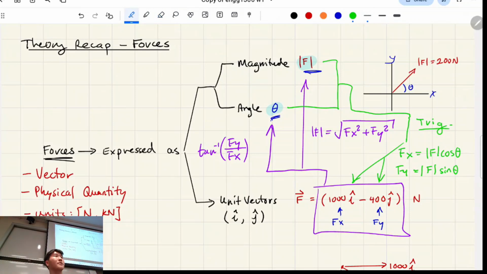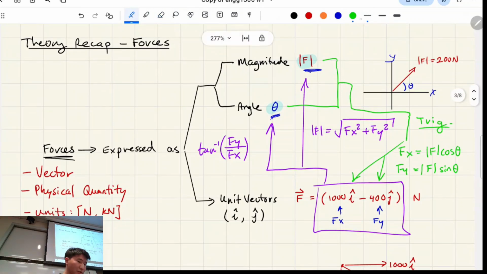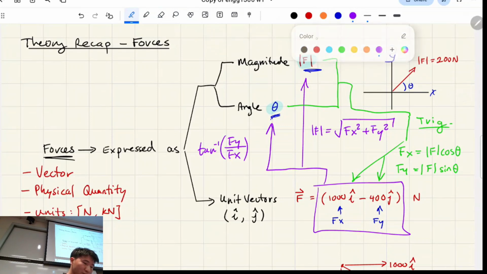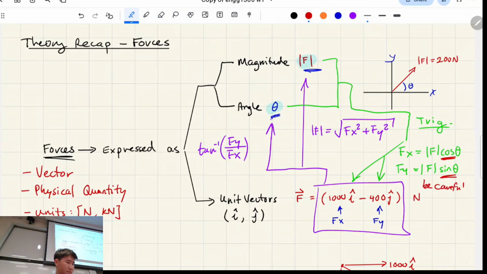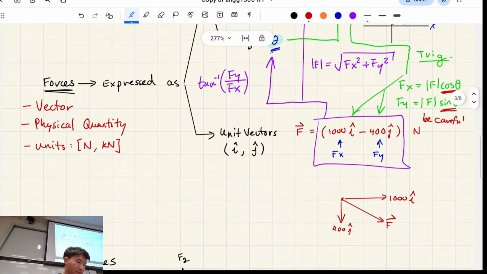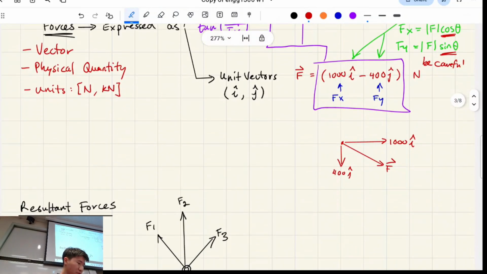Just be careful here, because this isn't always the formula. It depends on what your angle looks like, right?